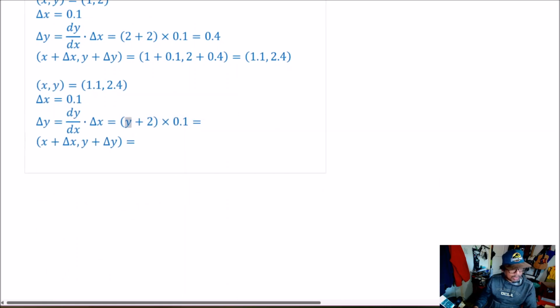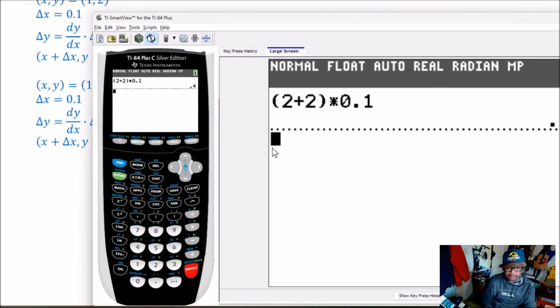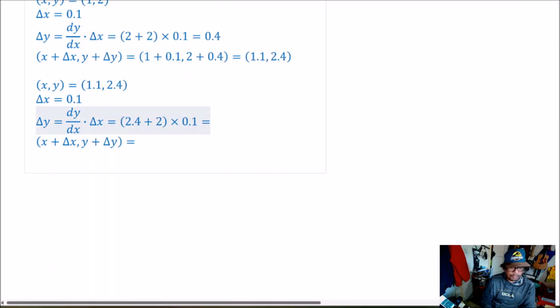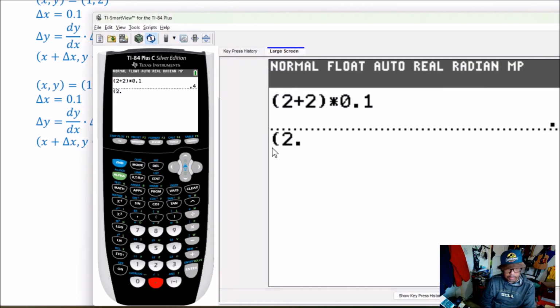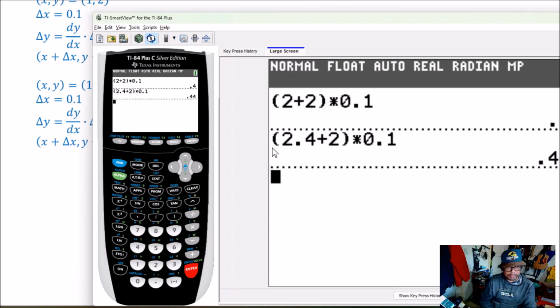My y coordinate is currently 2.4. So let's substitute 2.4 into our dy/dx and then multiply that. That's 2.4 plus 2 multiplied by 0.1. That's going to give me 0.44.